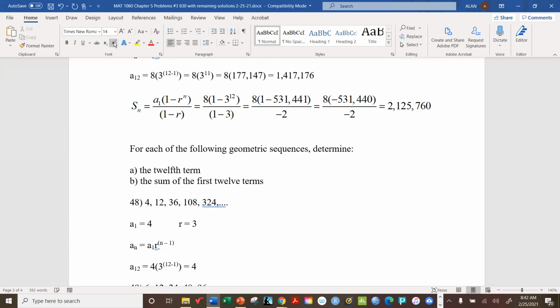So we got 4 times 3 to the 11th. And so 3 to the 11th is, once again, 177,147. All right, so we multiply that by 4, and we wind up with 708,588.